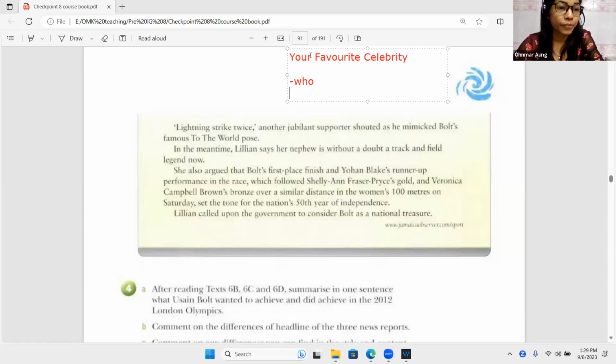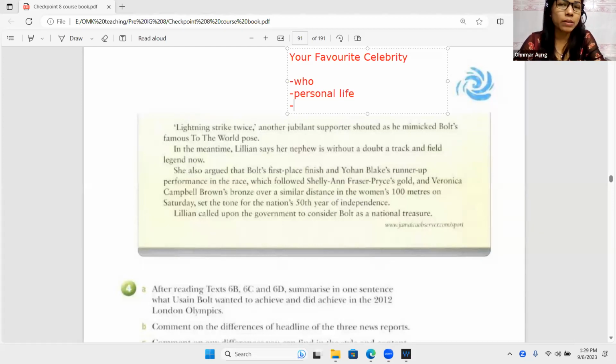But that person must be different, right? Not Usain Bolt. And the person's personal life. Briefly about age, the country, his family, his childhood, something like that.